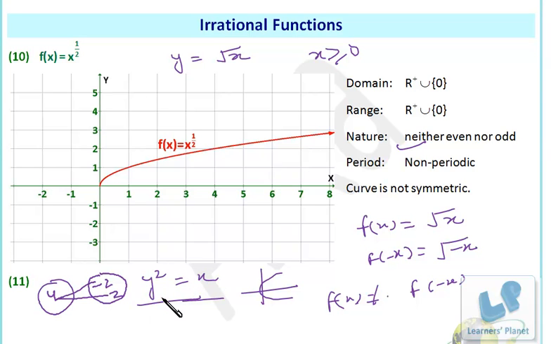So y square is equal to x and y is equal to root x are both different from each other. One is a function, but the other is not a function. In this case the graph will be like this, and in this case the graph will be like this only in the first quadrant. Here y may be positive or negative, but x will always be positive, on the right hand side of the y axis. Okay.